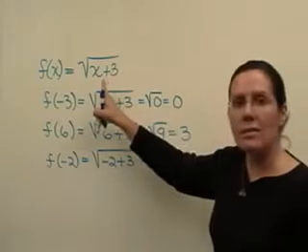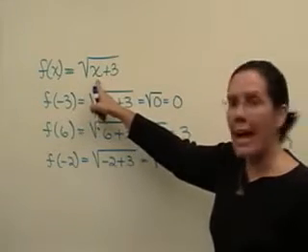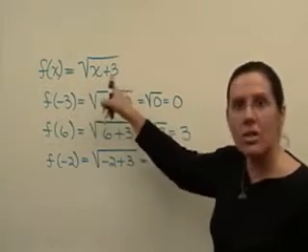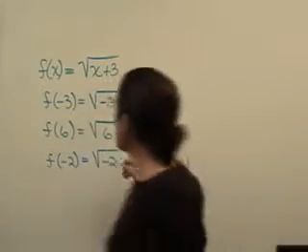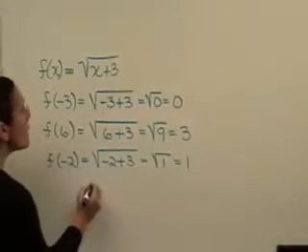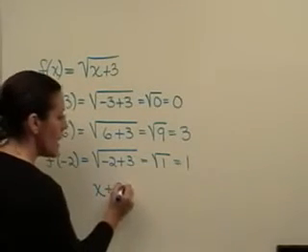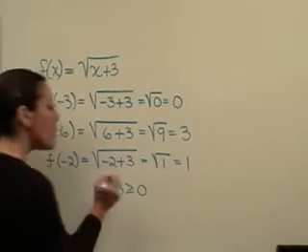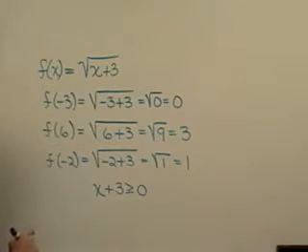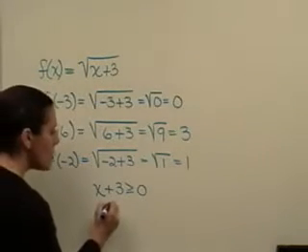So what I need to decide here is what values for x would keep this expression positive or equal to 0. So what I do when establishing the domain is I take that radicand, the x plus 3, and I write an inequality that will make that be greater than or equal to 0, and that will establish the domain for me.